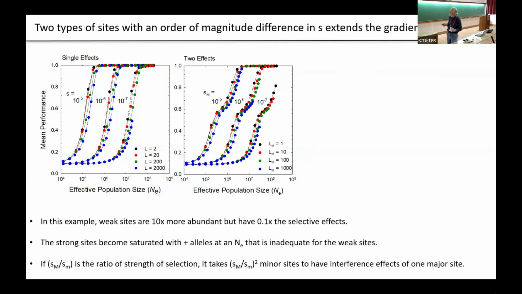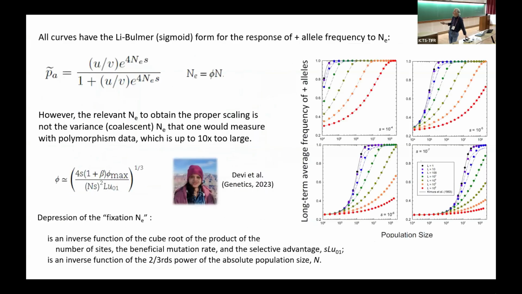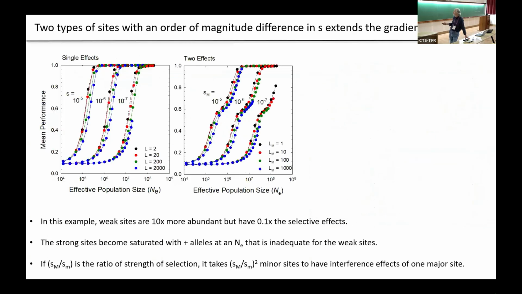And now let's move on to one further step. All that work was done with mutations of one effect, but we know in nature, different nucleotide sites and so on have different potential for fitness effects. So that previous slide, these are the same plots here, but what I've done now is scale them not as the absolute population size, but the effective size, and they're all bundled together in a nice way.